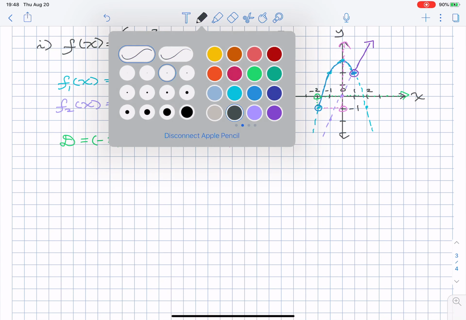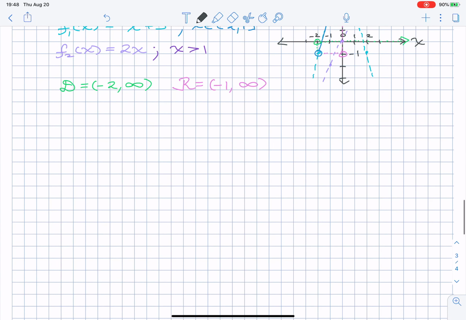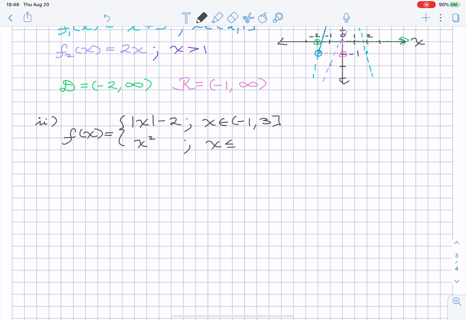Okay, so let's do number 2. So what do we have? In this case, f of x is equal to the absolute value of x, from which we're subtracting 2, for values of x between -1 non-inclusive and 3 inclusive. And let's have it just be x squared for values of x less than or equal to -1.